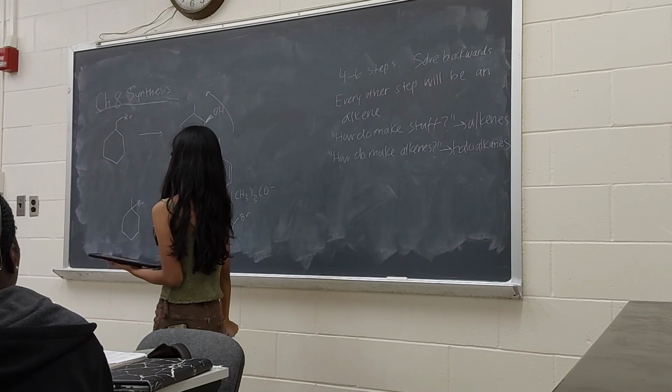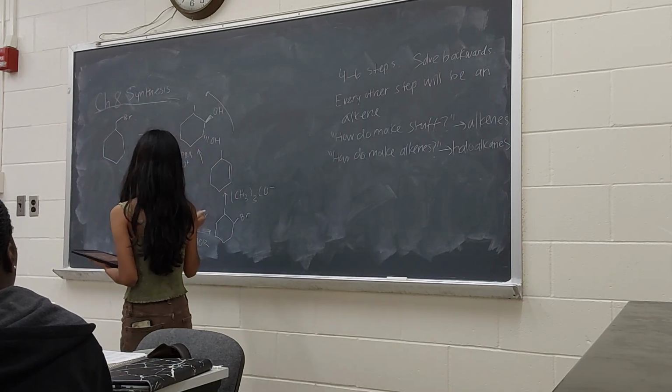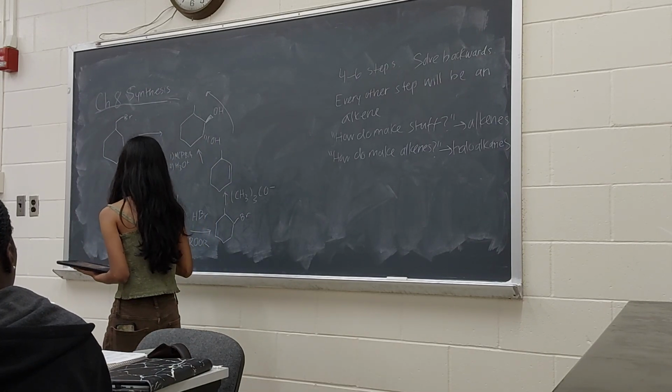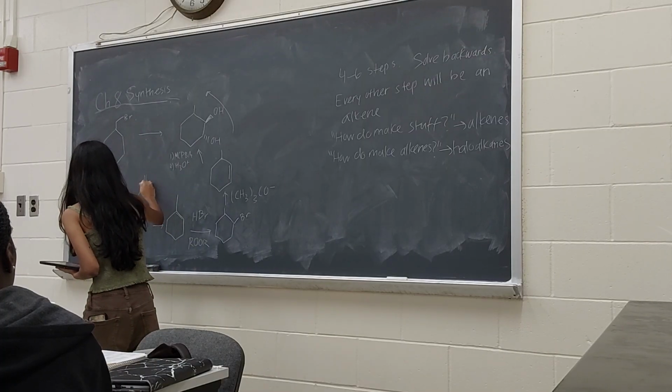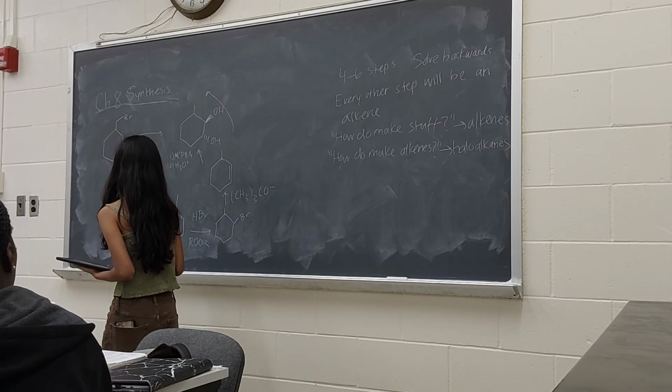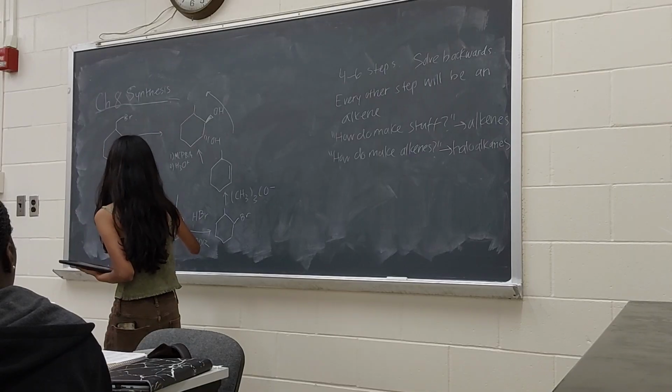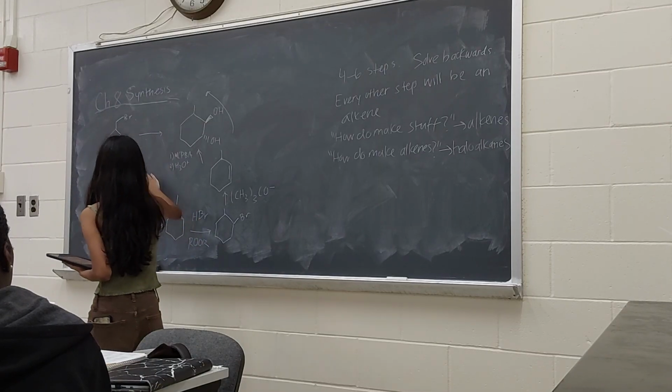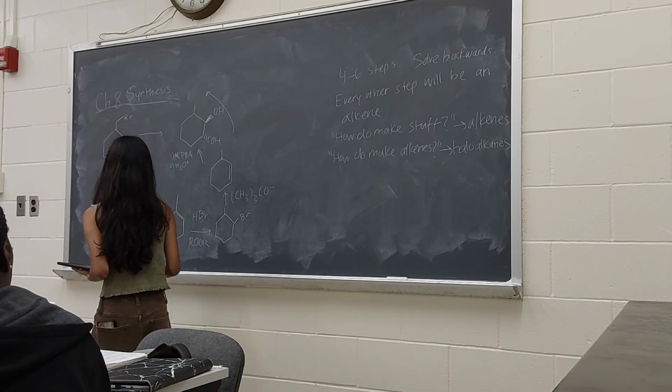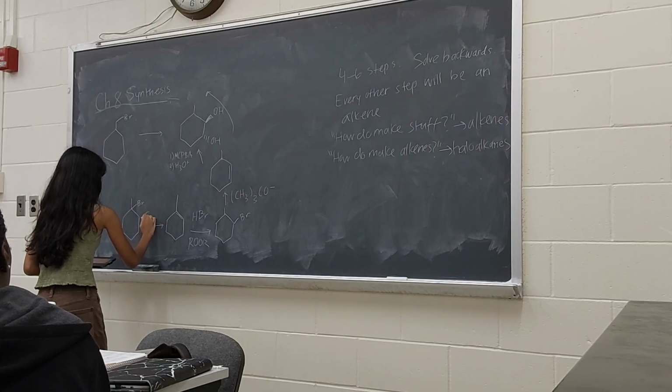Zaitsev. So top, right? Because if it was here, that's 2, and then this one is 1, 2, 3. So Zaitsev. And for Zaitsev, small base, CH3O minus.